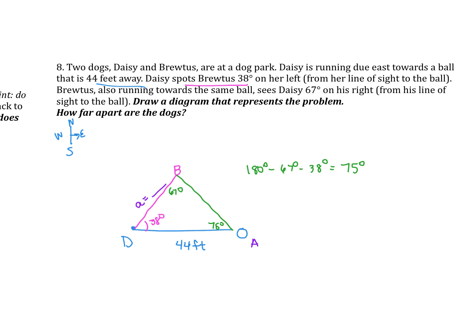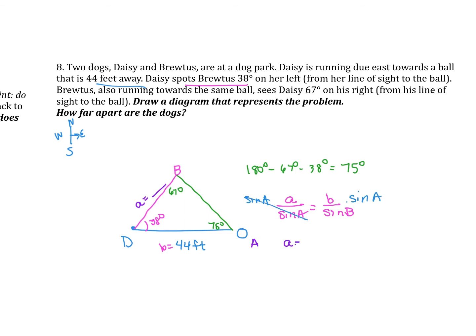So we can use law of sines. We know side B and angle B. So to find A, we're going to do A over sine of A is B over sine B. Multiply sine of A to both sides. Then substitute.